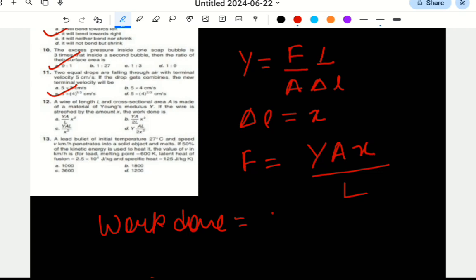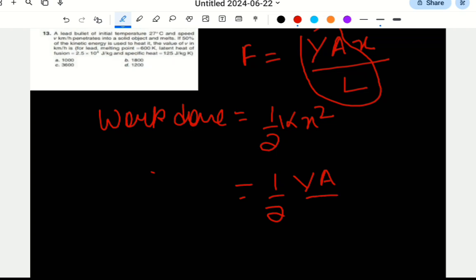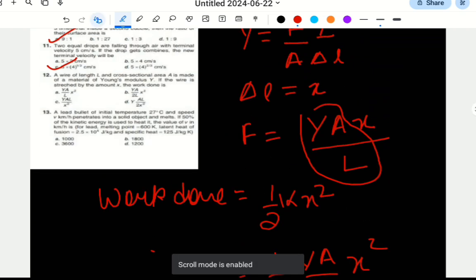So work done is equal to half k x square, where k is Y A upon L. So which will be equal to 1 by 2 Y A x square by L. So let's see it in the options, this option number B is correct. Let's move on to question number 13.